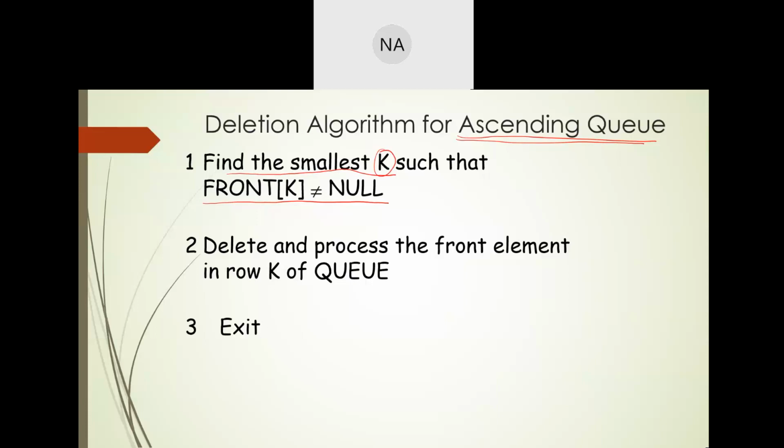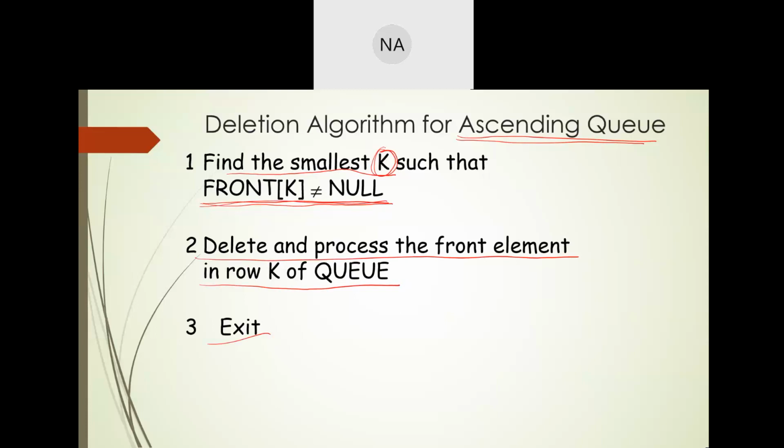So first find the k such that front k is not equal to null, and then delete the front element in row k of the two-dimensional array queue.